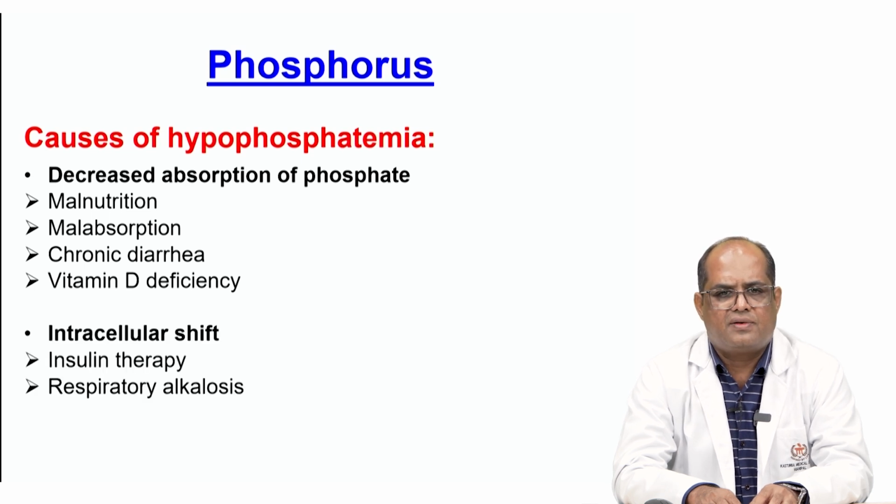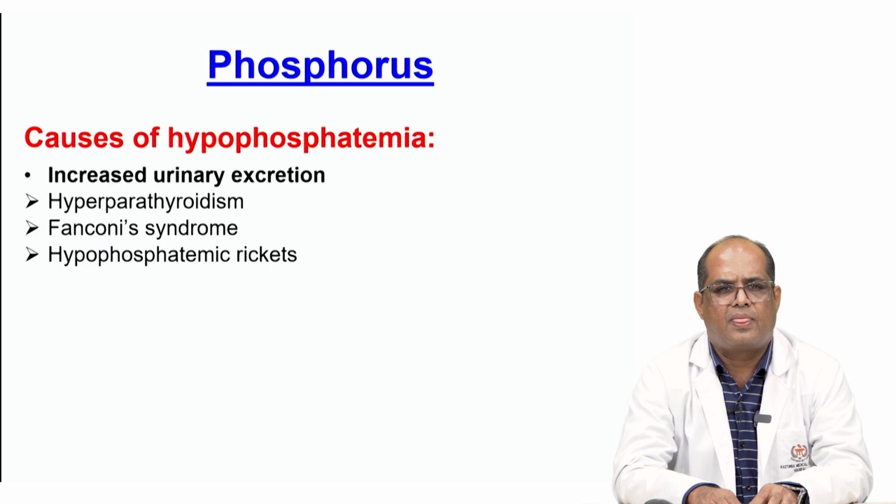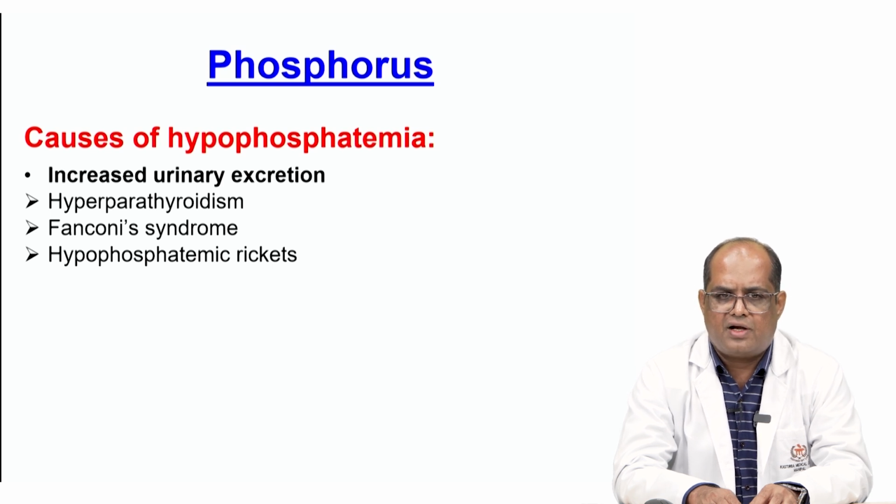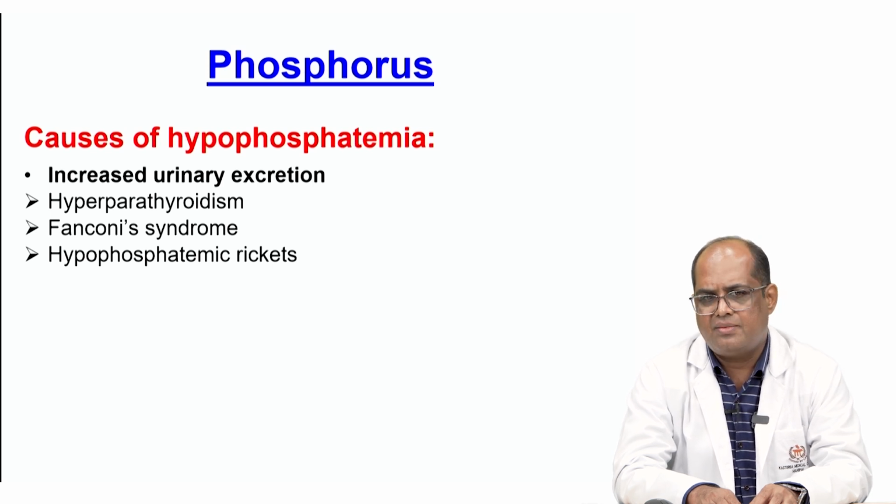Intracellular shift: in case of insulin therapy, the phosphorus is shifted inside the cell, leading to hypophosphatemia, and also in respiratory alkalosis. Increased urinary excretion we can see in case of hyperparathyroidism, because parathyroid hormone increases the calcium absorption, whereas it increases the phosphorus excretion.